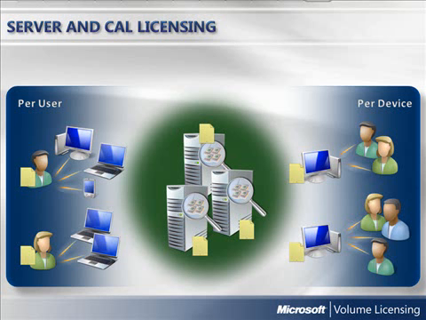And finally, CALs entitle the users or devices to connect to any server of that type in the network. For example, if you have 3 Windows Server 2008 servers and you license your users with Windows Server 2008 CALs, they are licensed to access any of the 3 Windows Server 2008 servers.